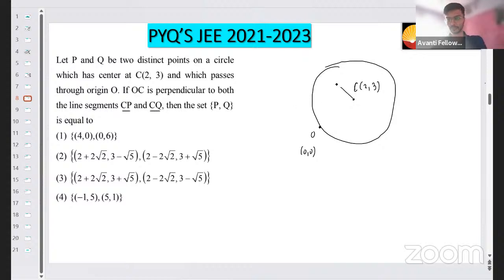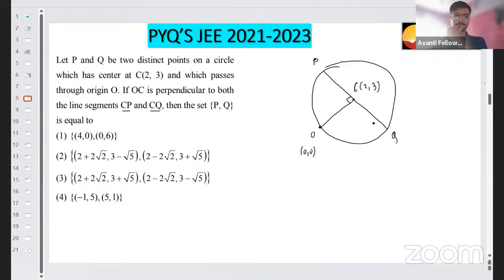That means if OC is perpendicular to CP and OC is perpendicular to CQ, then the points P and Q will be diametrically opposite points. Then only it is possible, no other case is possible. Now, we have to find the coordinates of P and Q.